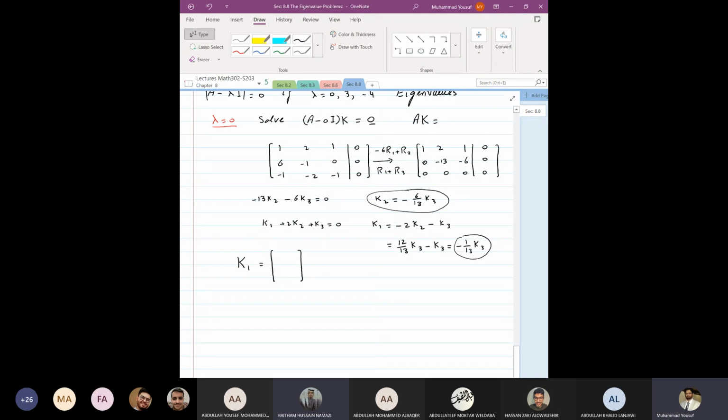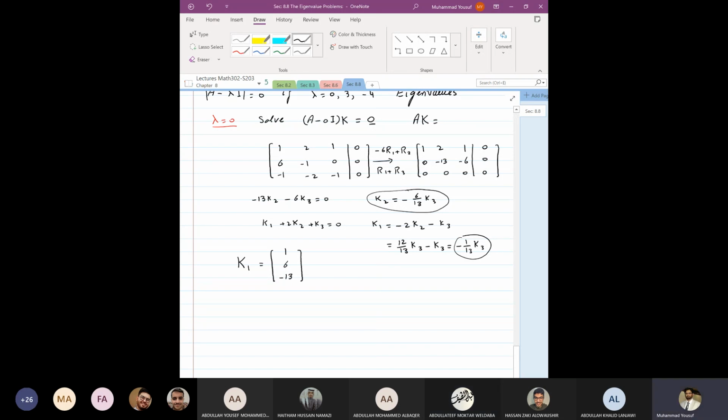We try to be nice so that we do not have a quotient. We try to avoid quotient, so that is why you said negative 13. If K3 is negative 13, what is K2? 6. K1, 1.